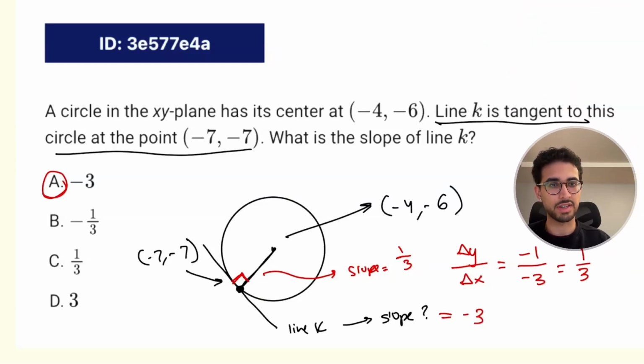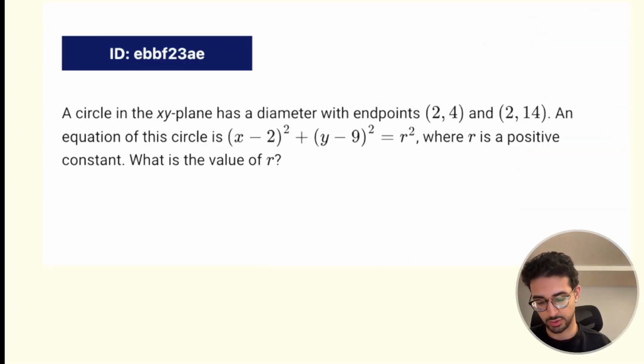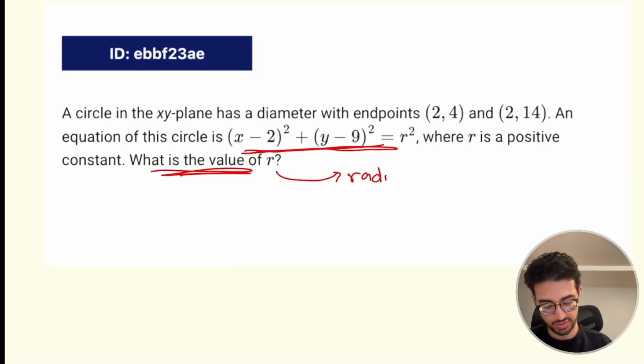All right. So I hope that makes sense, guys. Let's move on. A circle in the xy plane has a diameter with endpoints 2, 4 and 2, 14. So here's the next question. An equation of this circle is x minus 2 squared plus y minus 9 squared equals r squared, where r is a positive constant. So what's the value of r? As a reminder, this r in this circle formula is the radius. So this is purely the radius.